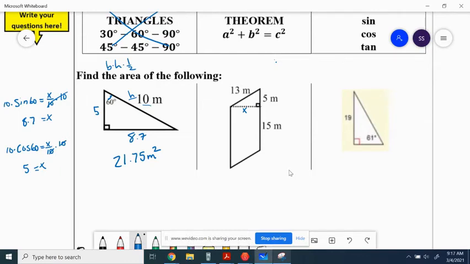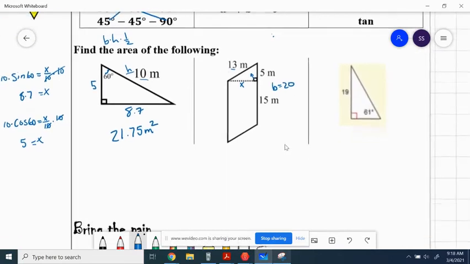Our base is made up of this 15 and 5, so our base is 20 here, okay? And our height, we have 2 side lengths, so let's go ahead and use Pythagorean theorem because it's a right triangle. Let's remember that our C has to be the hypotenuse, or hypotenuse is always across from the right angle, so in this case it's 13.